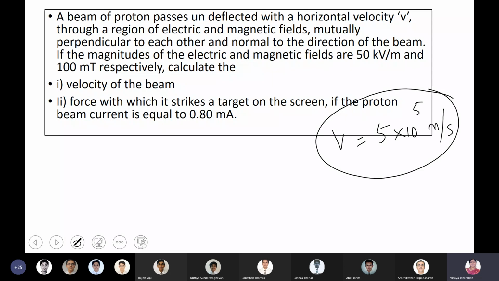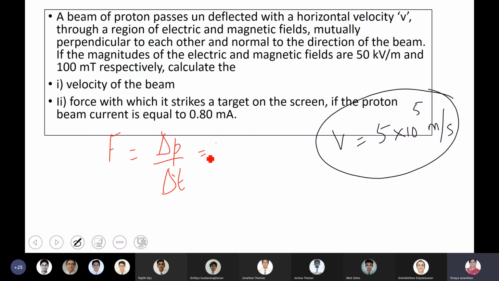Find the force with which it strikes the target on the screen, if the proton beam current is equal to 0.80 milliampere. Newton's second law of motion: force is the rate of change of momentum, so delta P by delta T.